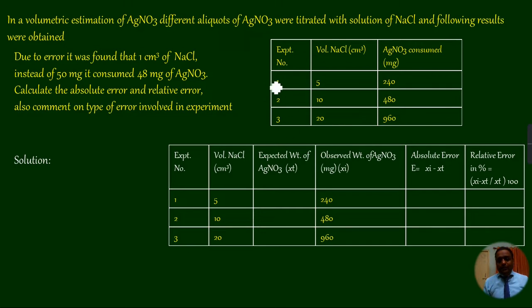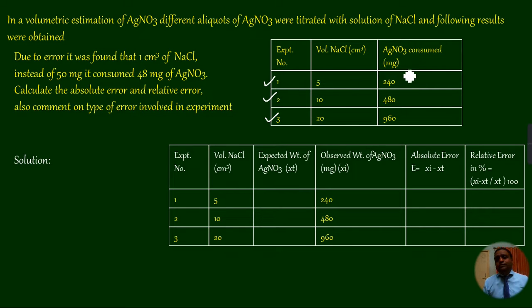These are three experiments, and you have taken 5 ml, 10 ml and 20 ml of NaCl, and you titrated with silver nitrate.